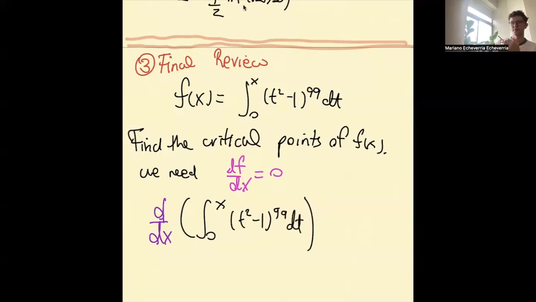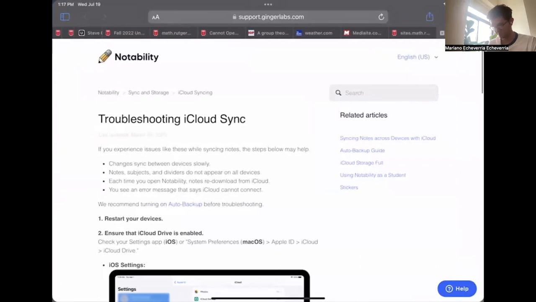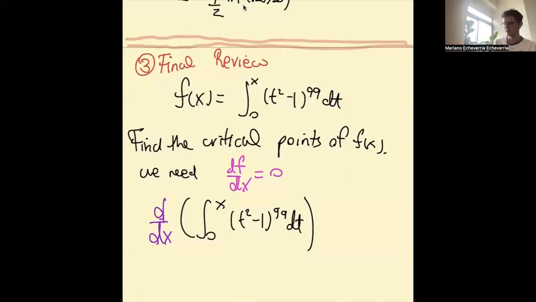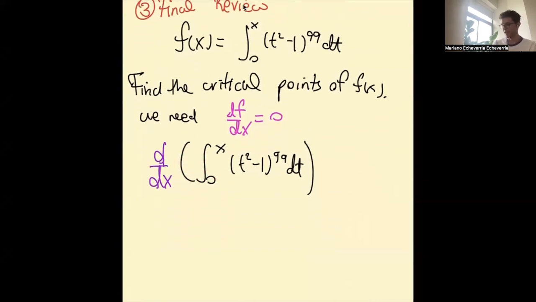Again, this is where the fundamental theorem of calculus is going to get used. What it says is that whenever a derivative is applied to an integral, they cancel one another, and you're just left with the function inside the integral, in terms of the variable that appears in the upper bound.